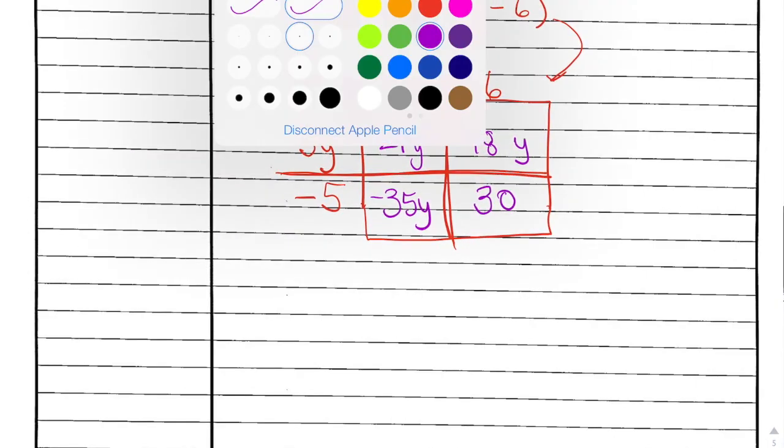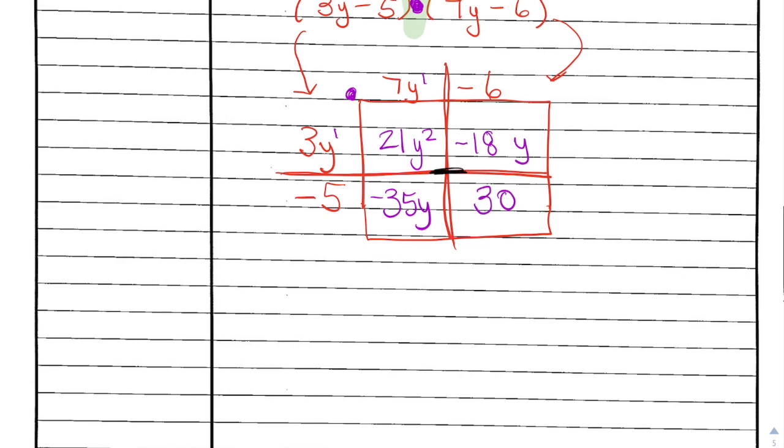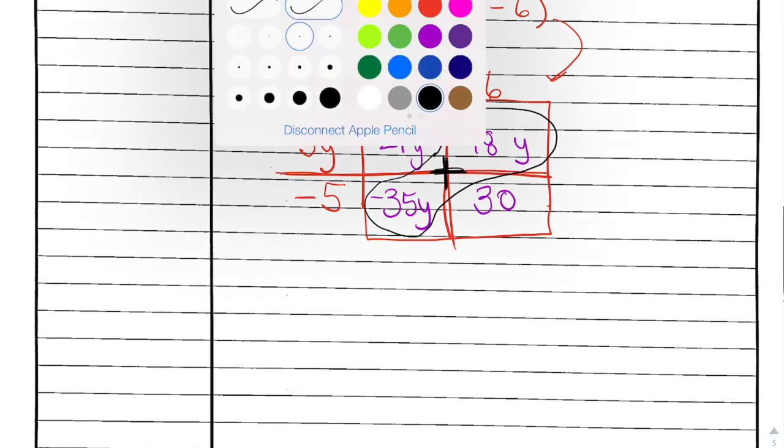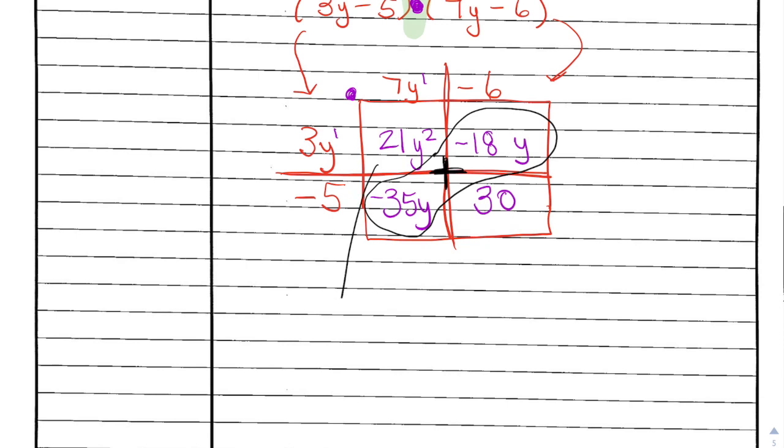Now that we have it done, on the inside we are adding our like terms. And again, not always, but frequently our like terms are diagonal. So I can start bringing out my product or my answer. I've got 21y to the second. When I add my middle terms right here that are like, they're both negative, so I'm just adding them.